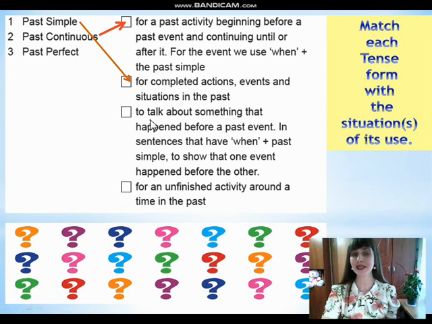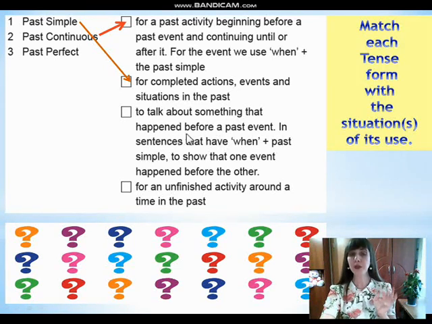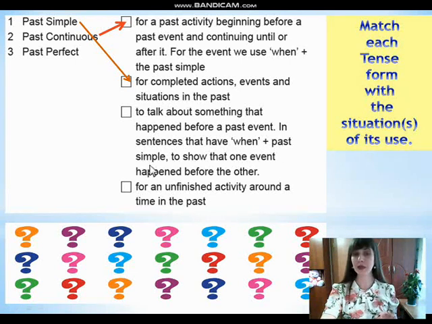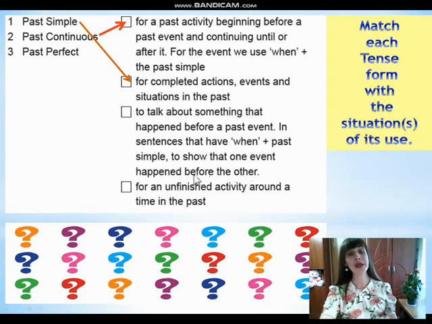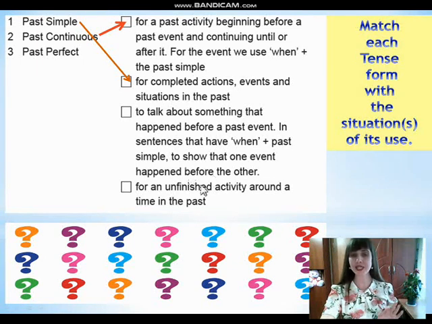This grammar tense is used to talk about something that happened before a past event. In sentences that have when plus past simple, to show that one event happened before the other. So do you remember the key word before? One past action before another past action. So it is past perfect.